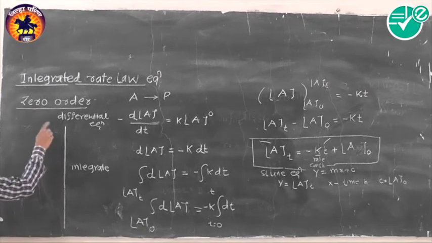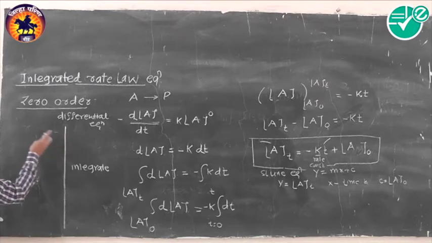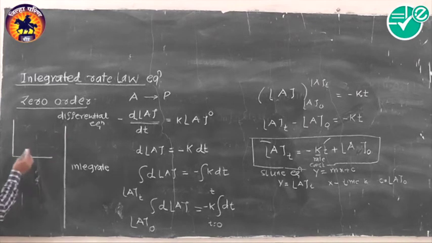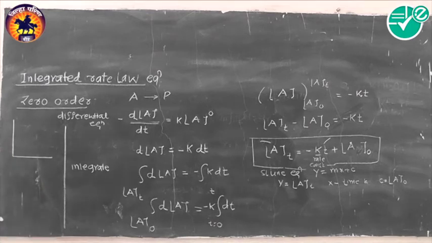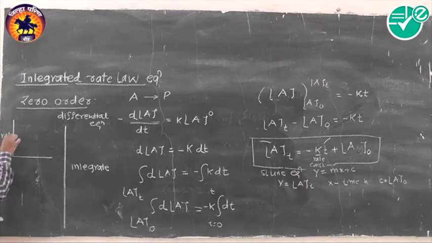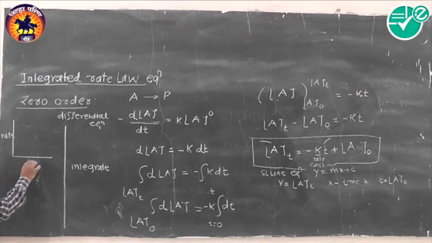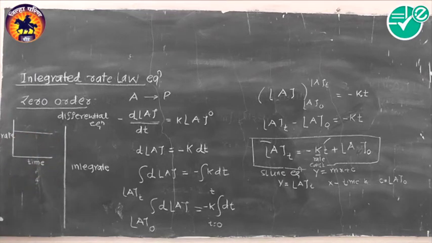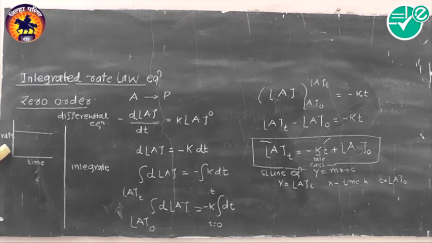If I write this differential form of equation, then for zeroth order, if I am having the graphical method here, and if I place the rate of the reaction against the time, as I have already told you, the rate is independent of the concentration. Therefore this will be the differential form of the equation which has been graphically plotted for zero order reaction.